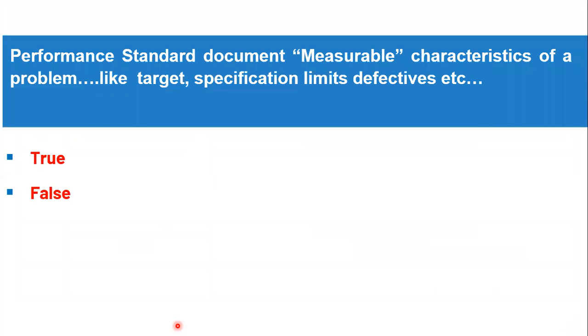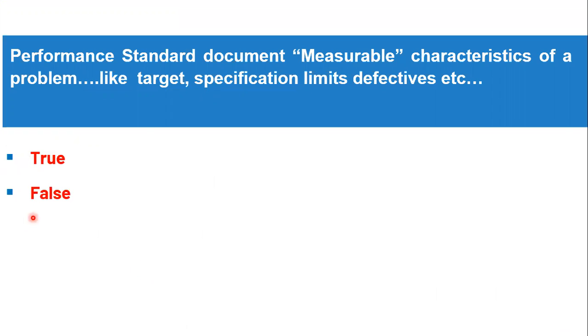Right, it's quiz time. Very quick. The performance standard document documents measurable characteristics of a problem, like target, specification limits, defectives, etc. Two options, true and false.